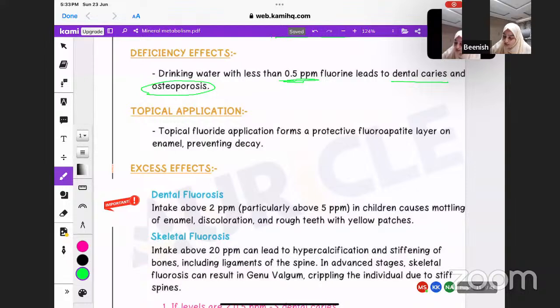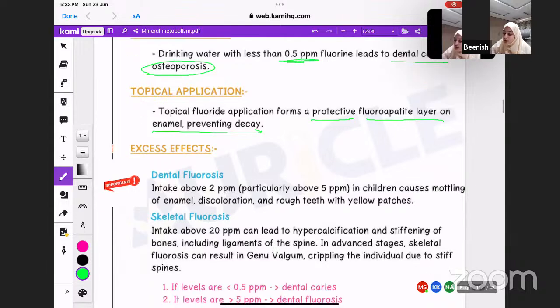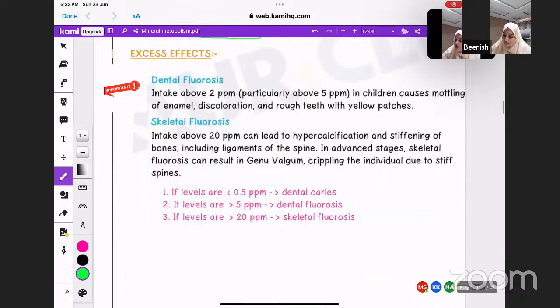Now, topical fluoride application forms a protective fluoroapatite layer on the enamel, preventing dental decay. Maybe you have heard about fluorides in toothpaste and advertisements. So this is the reason why toothpastes have fluoride in them, because they form a protective layer on enamel.